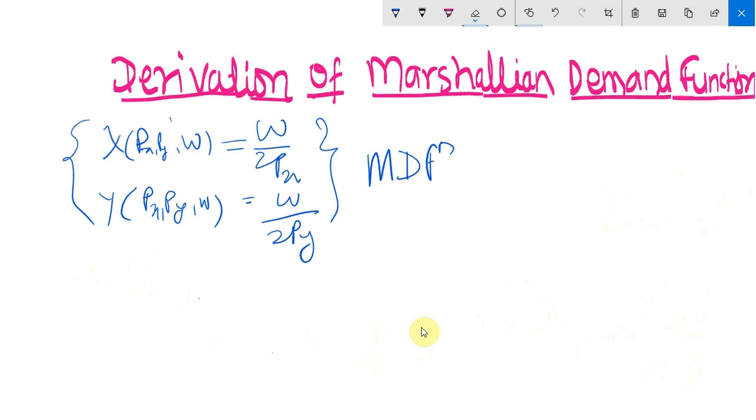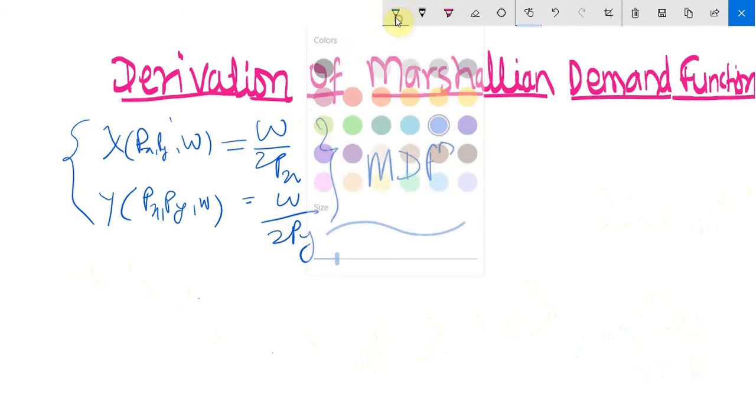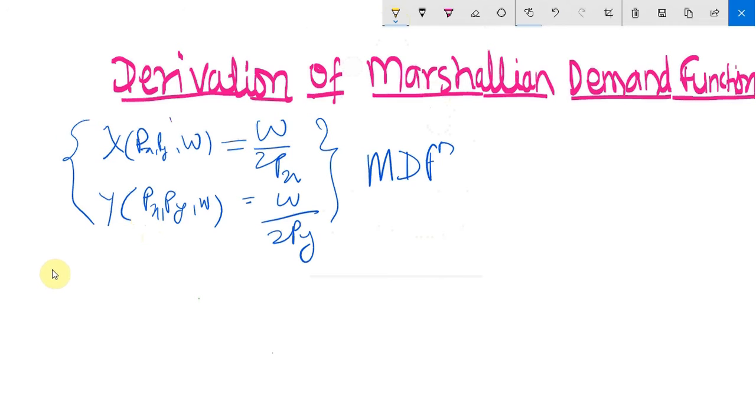The first property is that the demand functions are homogeneous of degree 0 in prices and income.